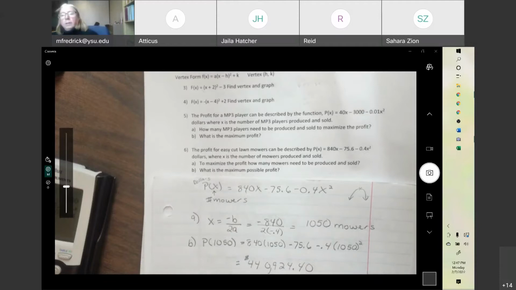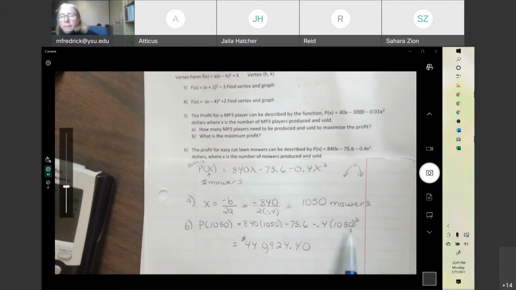So if you sell 1,050 lawnmowers, you will make a maximum profit of $440,924.40. Any questions on that?